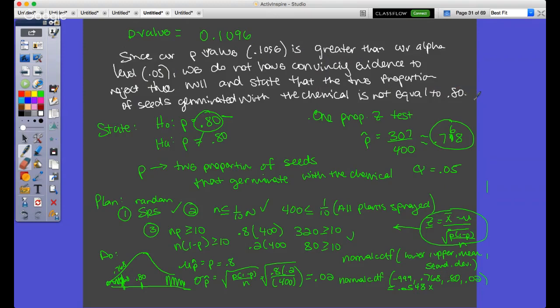Now, let me make sure I say this again. We don't have convincing evidence because it's greater than our alpha level, right? That doesn't necessarily mean that the null is true. What it does say is that we do not have convincing evidence to reject the null and accept the alternative.